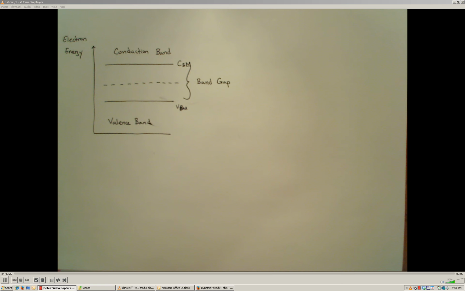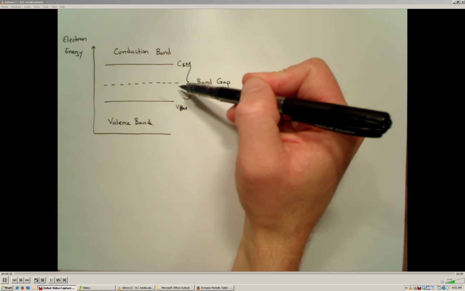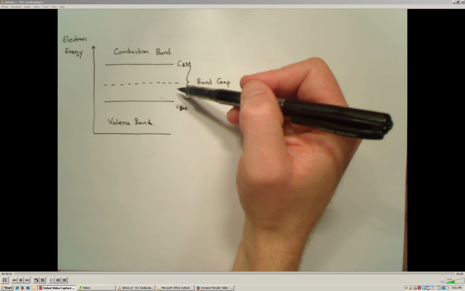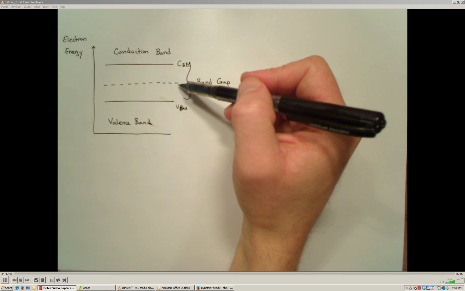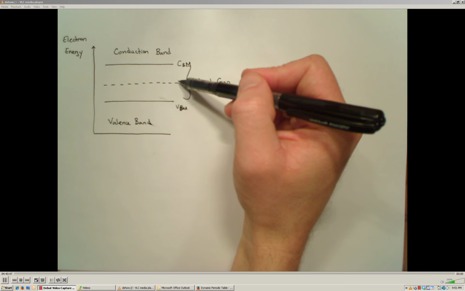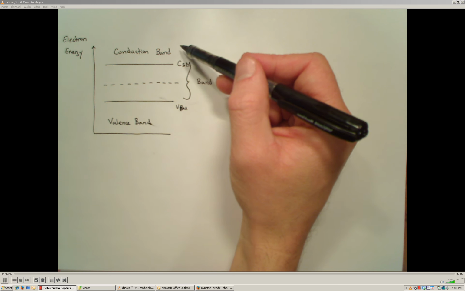So the Fermi level is defined as the energy level where there's a 50% probability of the states being filled. What that means is there's a 50% likelihood that states below this will be filled, and a 50% likelihood that states above this will be unfilled with electrons.